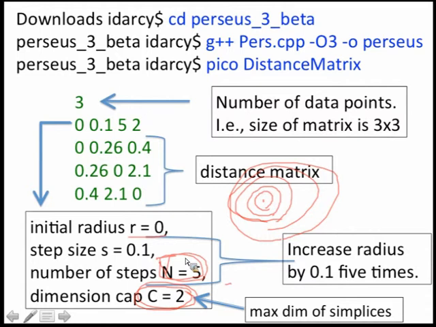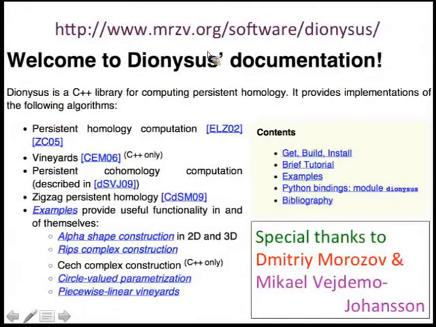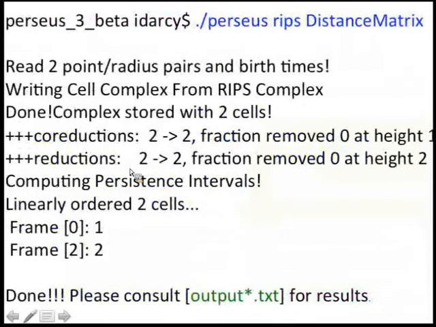And then we can run Perseus. So when you run a C program, you can do the dot-slash Perseus. And so this dot-slash means that we will run this software right here. And then I've chosen the RIPS option. That means it's going to calculate a RIPS complex.